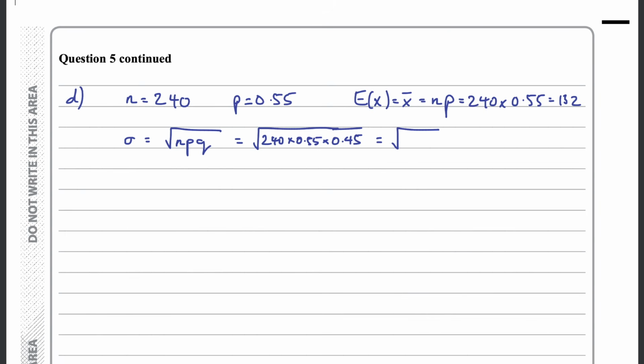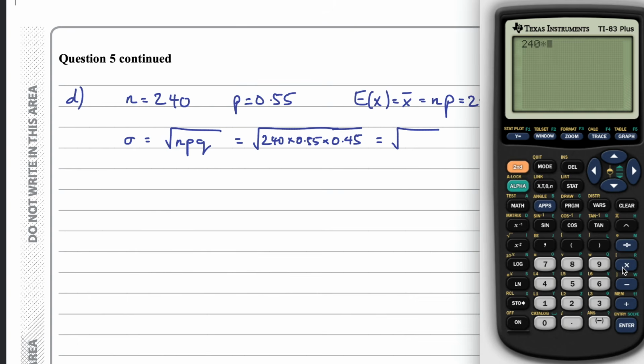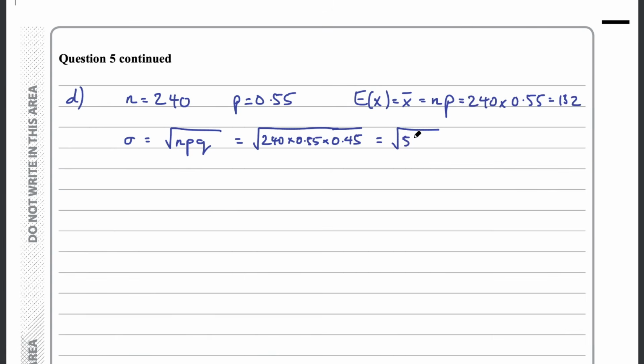So the square root of, let's put that into our calculator, 240 multiplied by 0.55 multiplied by 0.45 equals 59.4. And I might leave that as a square root to save me writing out the decimals. And remember, we're approximating this binomial with a normal distribution, so make sure you use that notation to show that you know what you're doing.